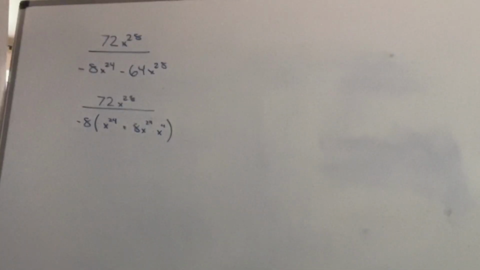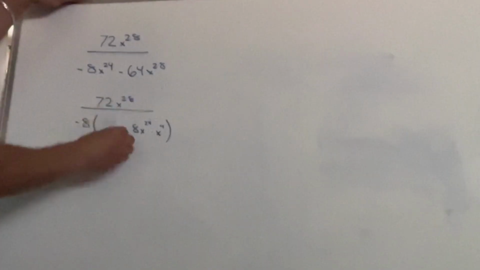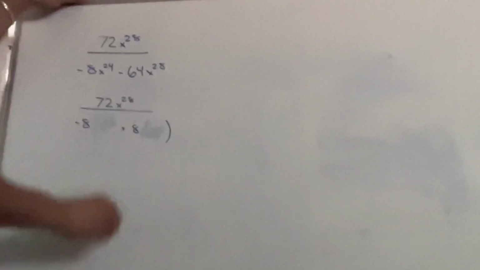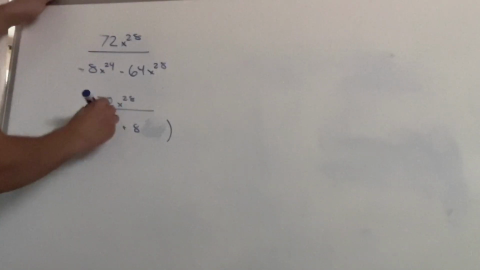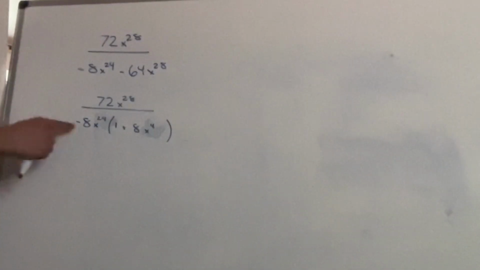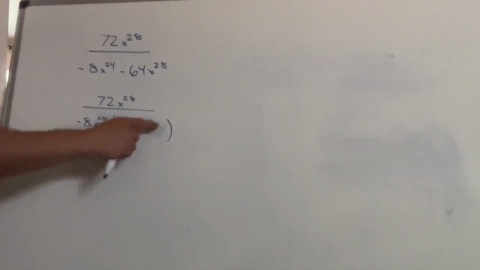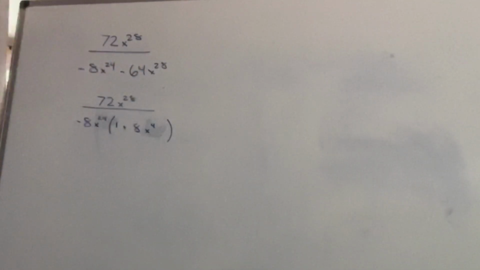So I'm actually just going to erase it because it's easier. Right? So now it's negative 8 x to the 24 parentheses 1 plus 8x to the 4th. And if you want to distribute that and check it, you get this. Okay.